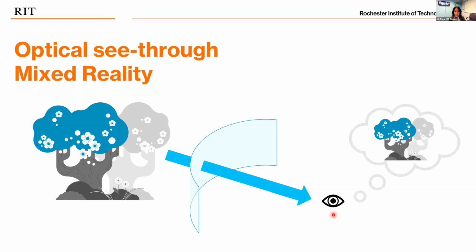There's another component of this optical see-through system, which is a small display, maybe your fingernail size. It acts like a projector that projects this rendered image to the optical surface, then reflected or diffracted to your eye. As a result, you would see this rendering overlaid on the real world background.